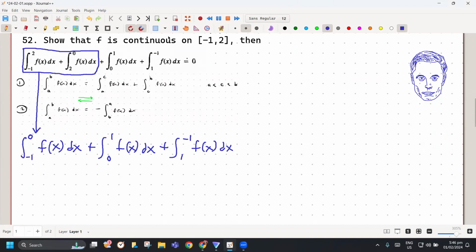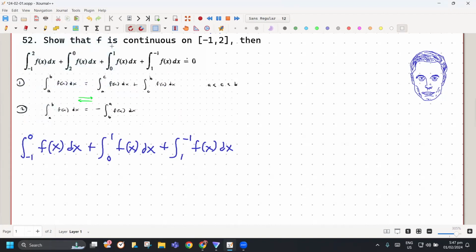Teka, ang laki ng tinalon. Pakita mo step by step yung application ng theorems na ito. Wait a minute. Alam ko na. A is less than C is less than B. Okay, may trouble.